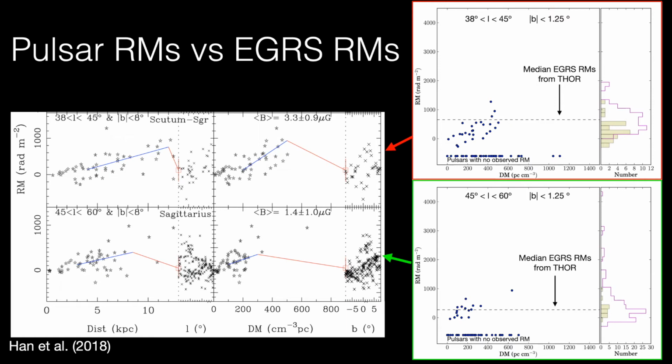So what we find is that the extragalactic rotation measures from Thor increase the amount of Faraday rotation observed through the galaxy. And we propose that this result implies that we do not find a reason for the kind of reversal proposed in Han et al. However, if rotation measures were observed for the higher dispersion measure pulsars, this interpretation may change.